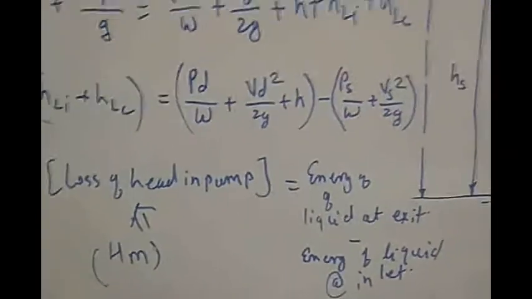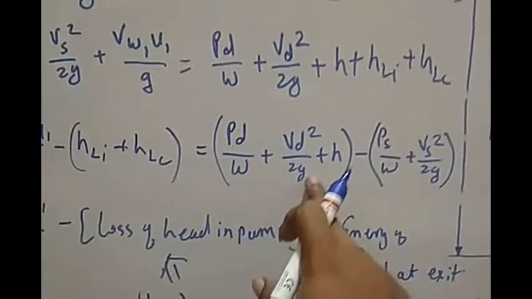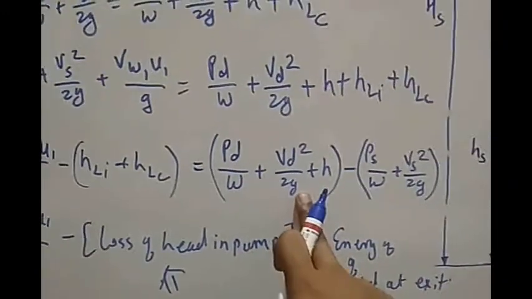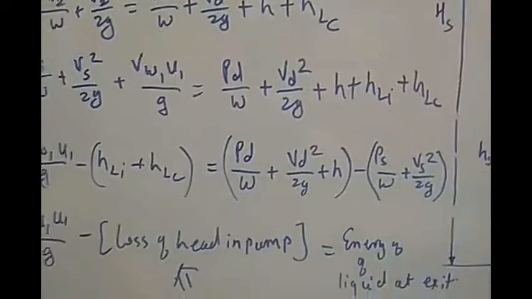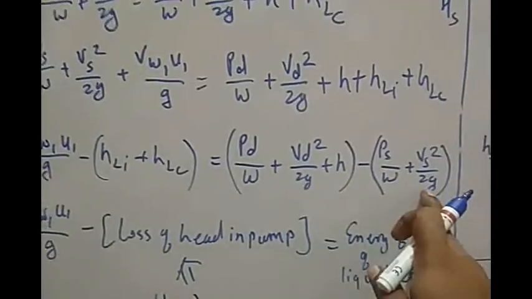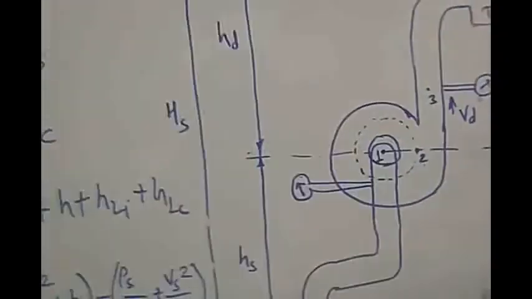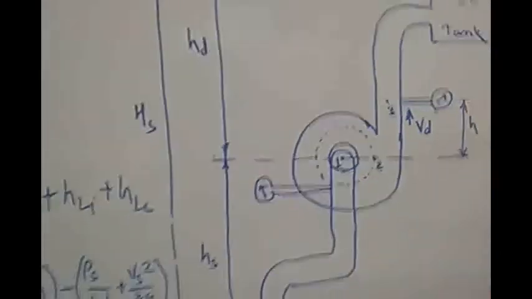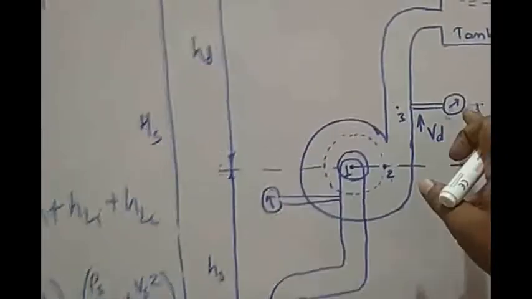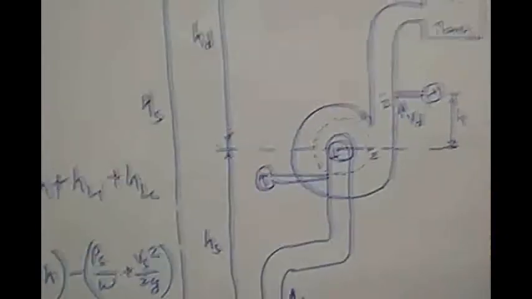Now we assume that the velocity of flow in the suction and delivery pipes are equal, so Vd square by 2g and Vs square by 2g will get cancelled. Also, if I consider point 2 and point 3 at the same level, where the gauges are applied, then h will be 0.